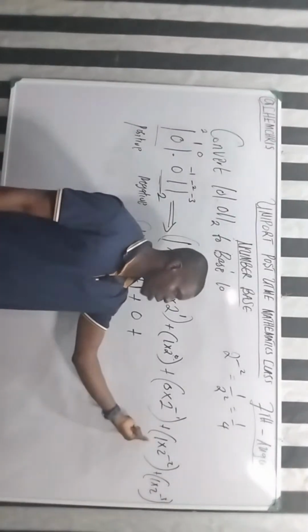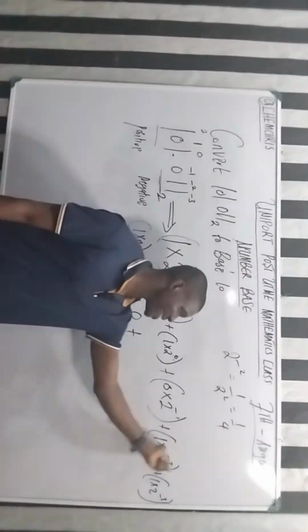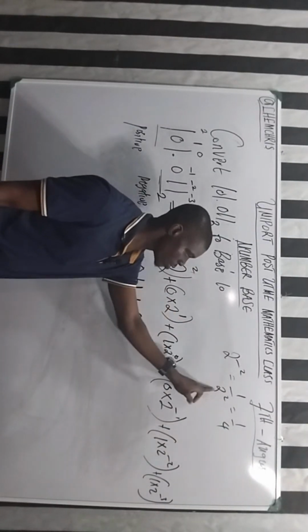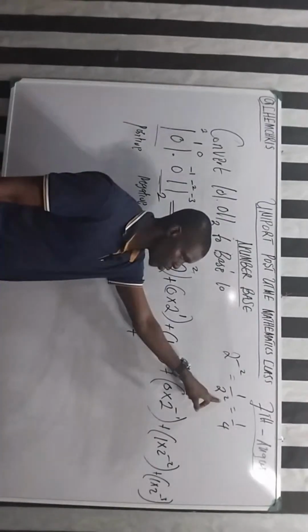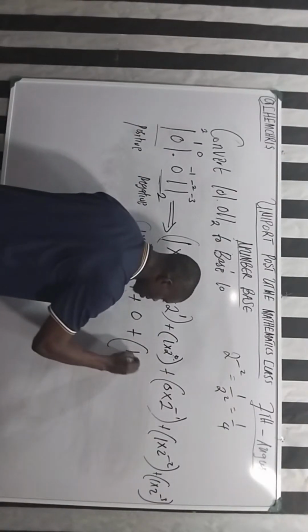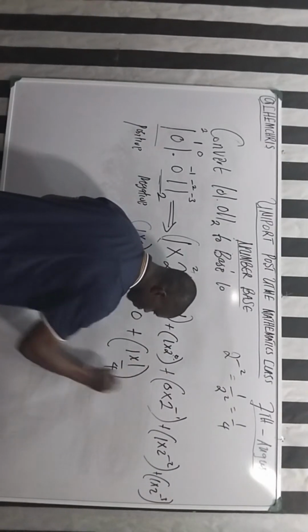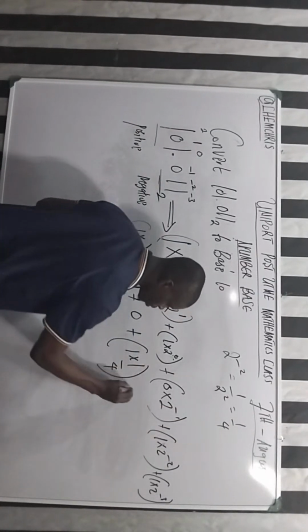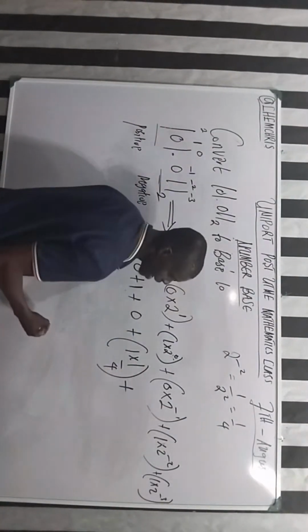Plus 1 times 2 raised to the power minus 2, which is 1 times 1 over 4. You see that?